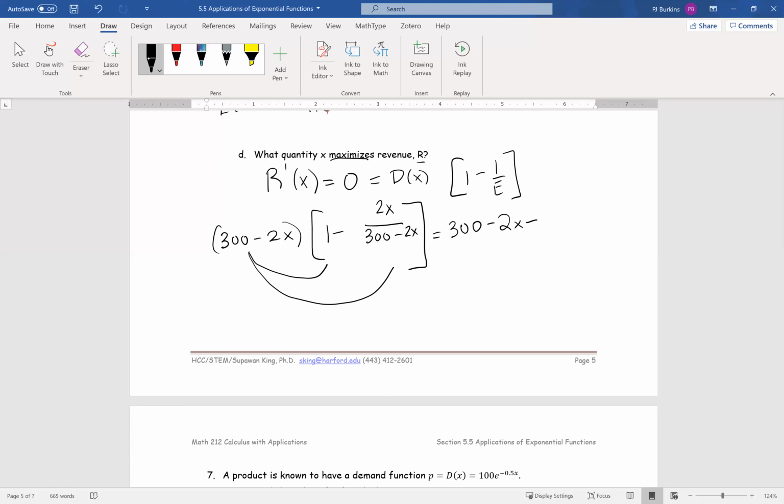So we'd have 2x over 300 minus 2x times 300 minus 2x. And in that case, these two terms would cancel, and we would just be left with minus 2x. Let me go ahead and just write it out so it's clear, since my jumbling of words might have confused someone.